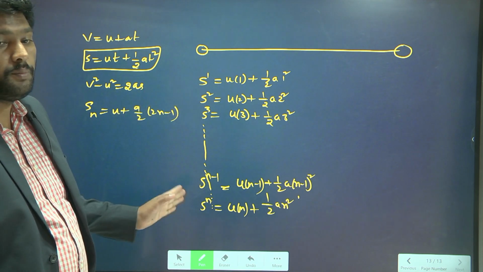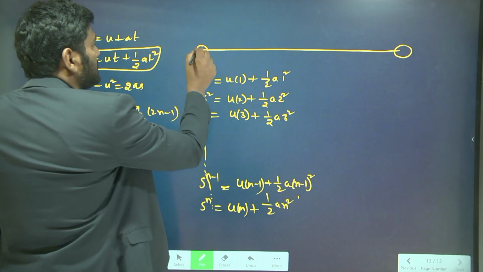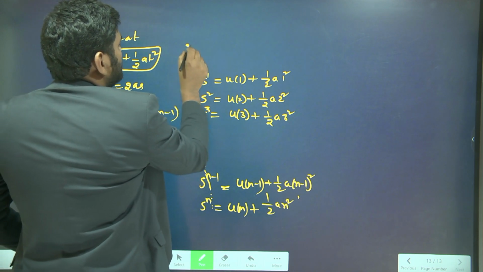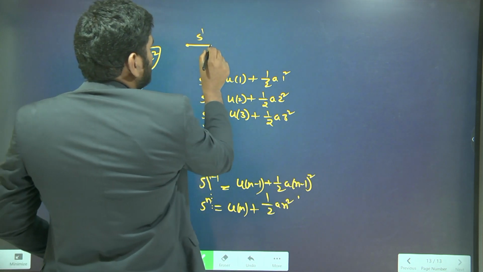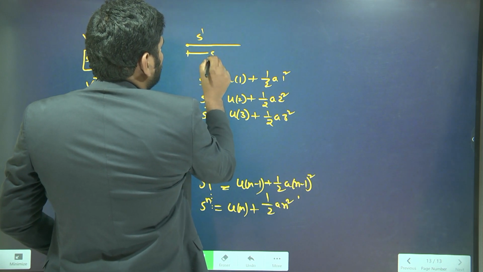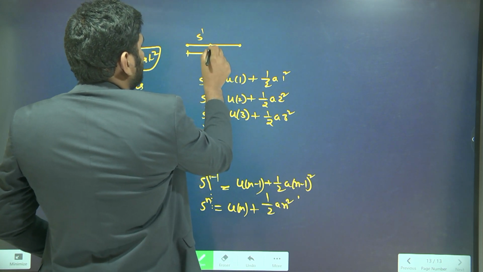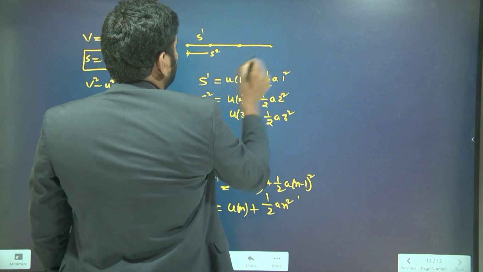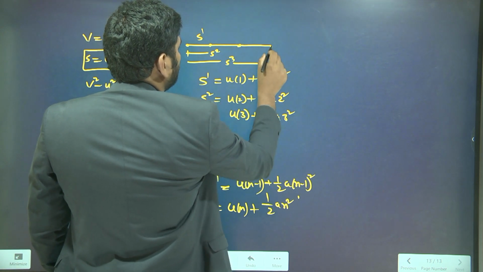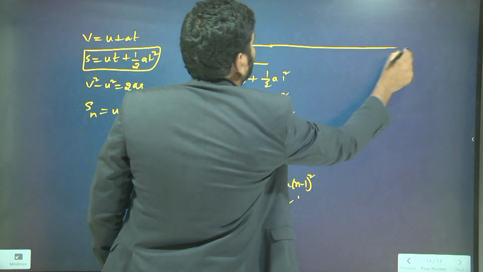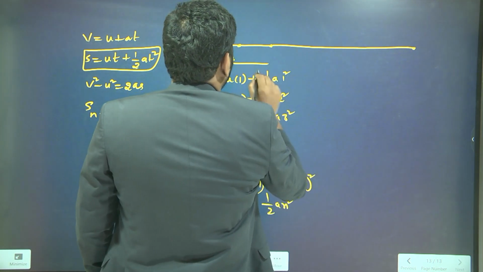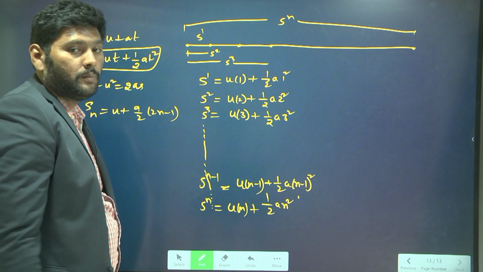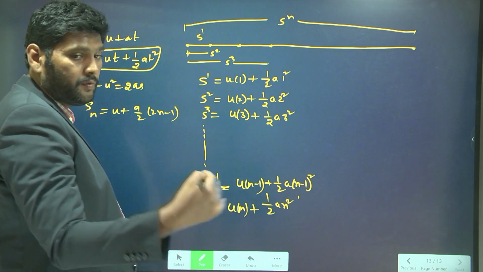If I represent this total thing in diagrammatic form, let us assume this is where the object started. It travels for 1 second, 2 seconds, this distance is the distance traveled in 1 second, this is the distance traveled in 2 seconds, here the distance traveled in 3 seconds, and the same way this is the total distance traveled in n seconds. But what is the distance traveled before 1 second?